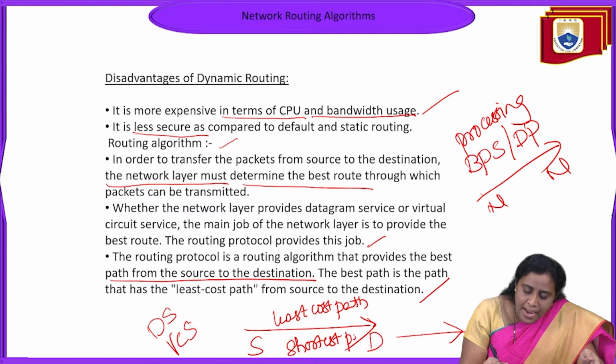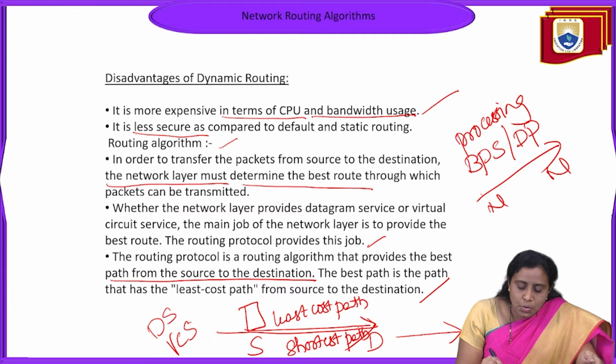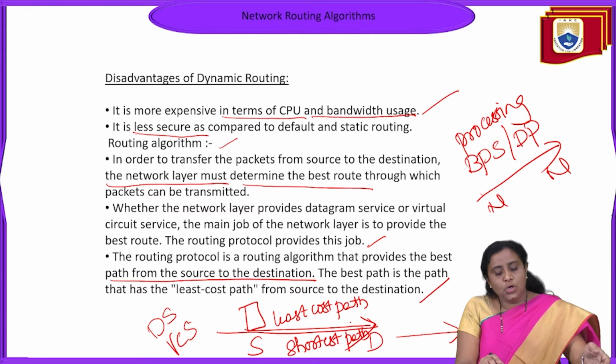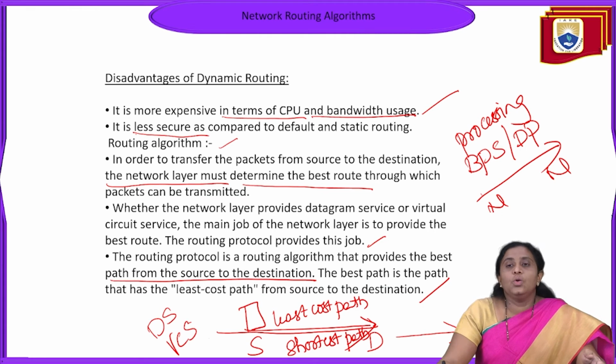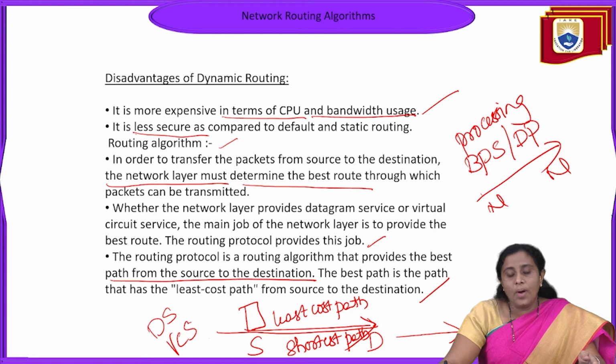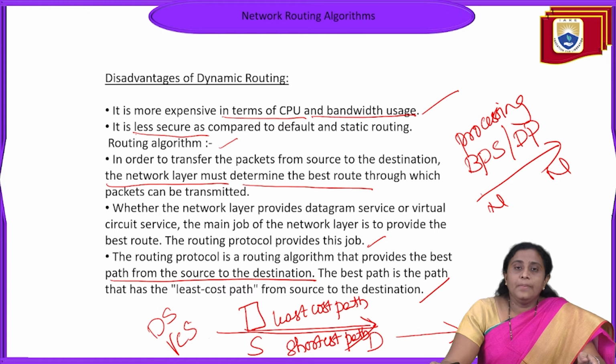for a packet when it is transmitted from one sender to another receiver. So the routing protocol or routing algorithm gives the option to select the best path whenever a data packet is ready to be transferred from one sender to another.